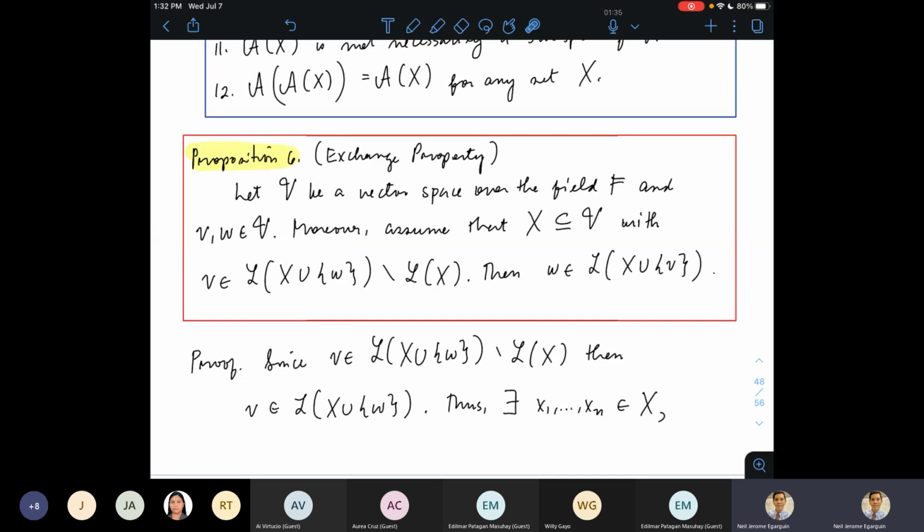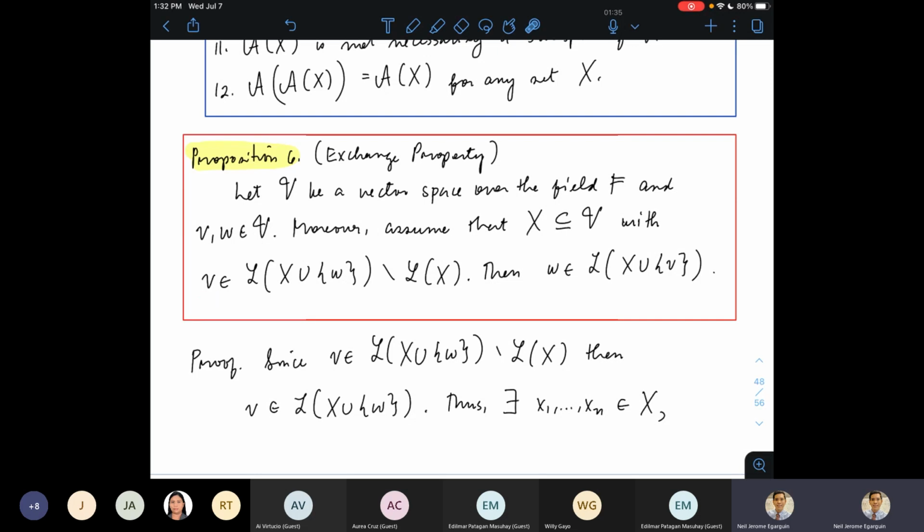So elements of capital X alone cannot generate V. I need an extra vector W added to elements of X in order to get V. So V cannot be generated by capital X, but when I add W to my generating set, they can now give vector V.